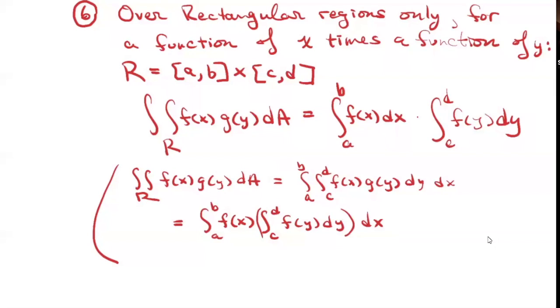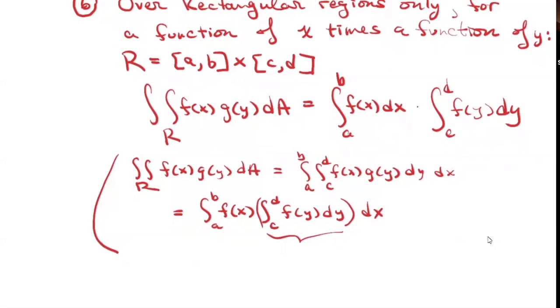And then just say, oh, hang on a second. This integral inside is a constant now because it's just in terms of y, and then you're evaluating at limits. That's a constant. So you can take that all the way out and just say, oh, well, then this is just an integral from A to B of f of x dx times the integral from C to D of g of y dy.